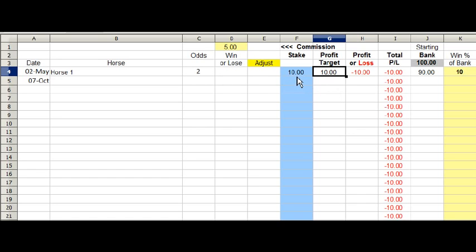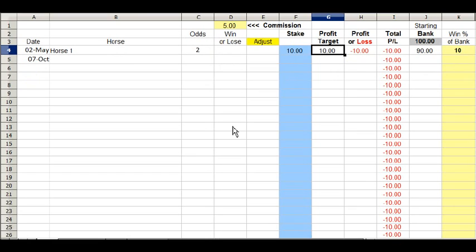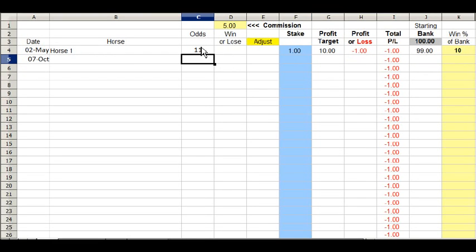So at evens we would need to bet £10 to win £10. At odds of 11 we would only need a stake of £1 to win our £10. So you can see from that the size of our stake is dependent on how big our profit target is and the size of our odds.